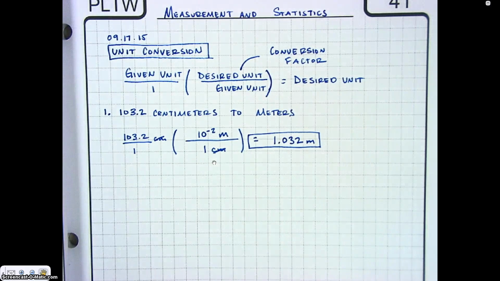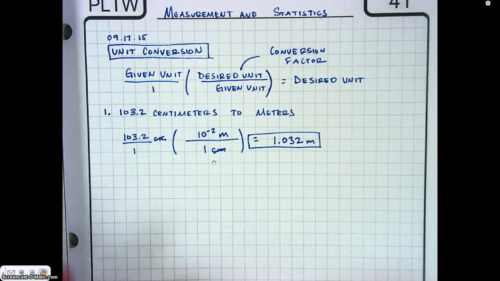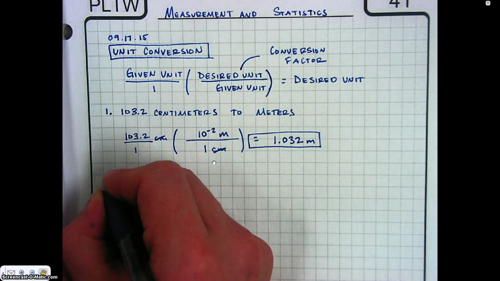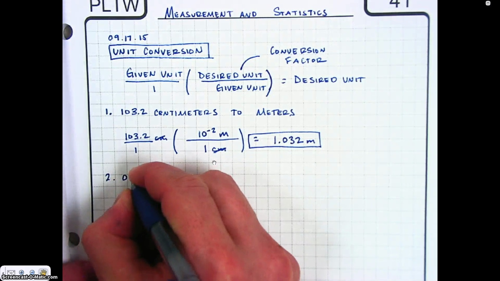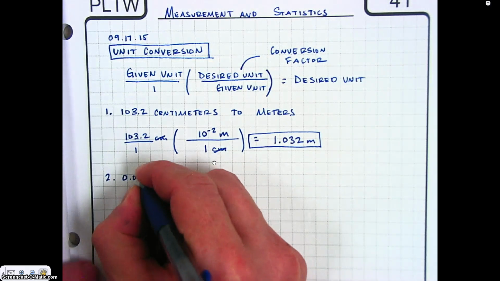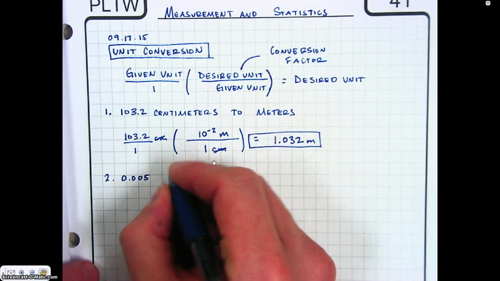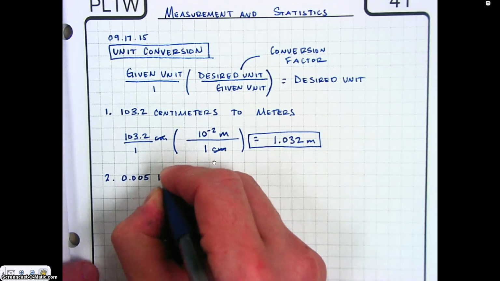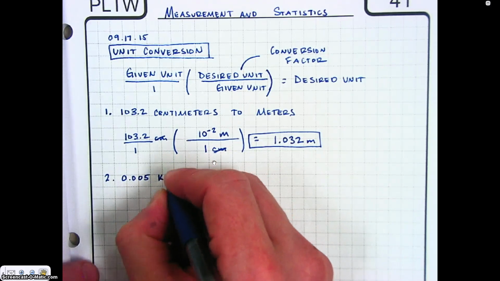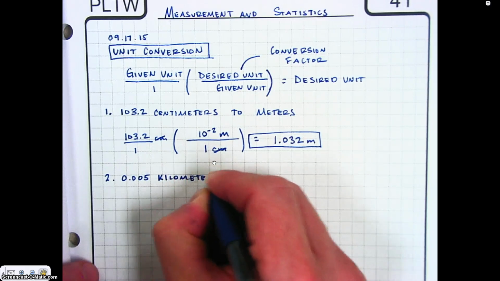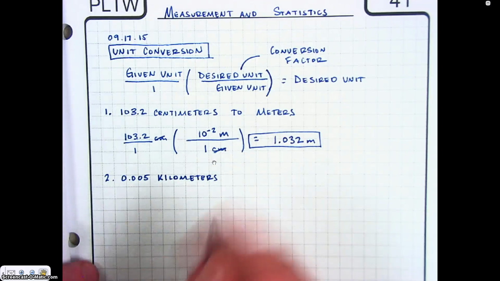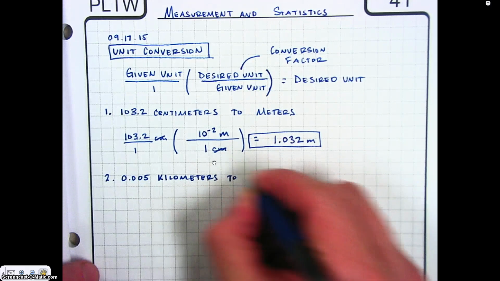The next thing that we're going to convert, we're going to do kind of a 2-step process now. We're going to convert 0.005 kilometers to centimeters.